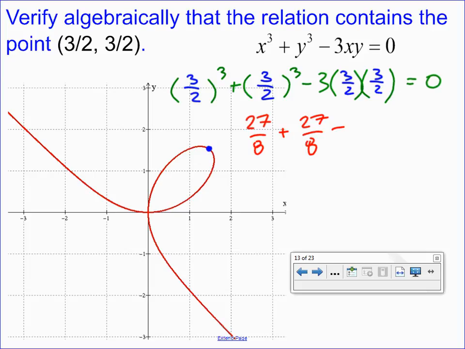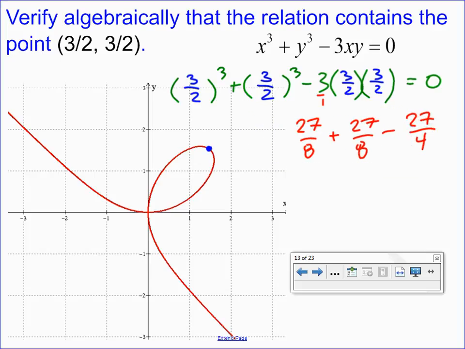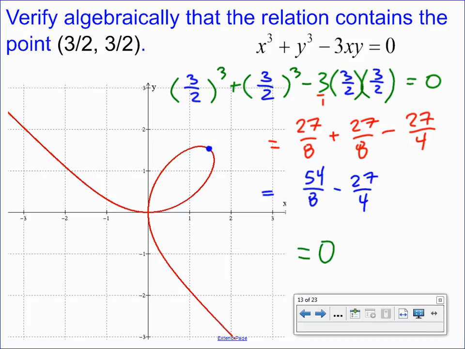Minus 27 fourths. And what does that equal? I'm getting 54 eighths minus 27 fourths. And isn't 54 eighths 27 fourths? So can we jump right to 0? All right. So that equals 0 as desired.